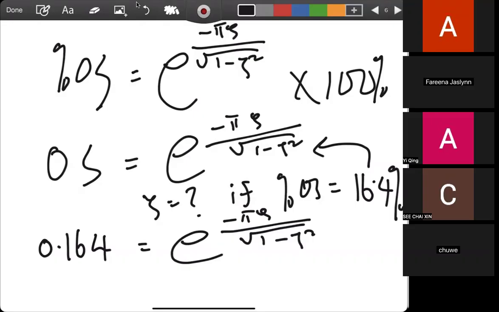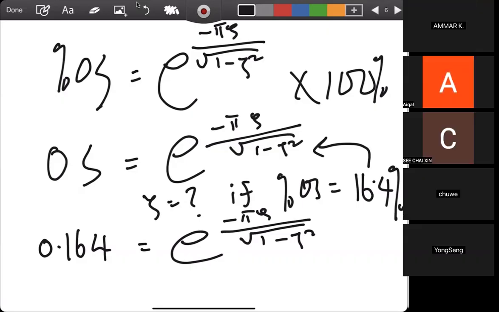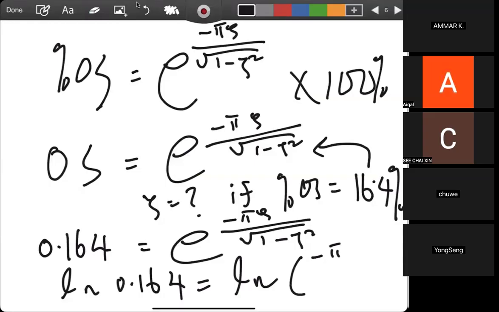Okay. Yi King, how to solve this? How to simplify this to find zeta using what? Move the ln to the side, 0.164. This is what you mean?